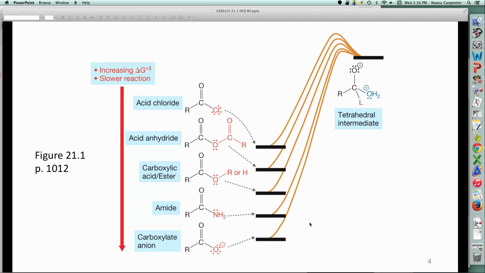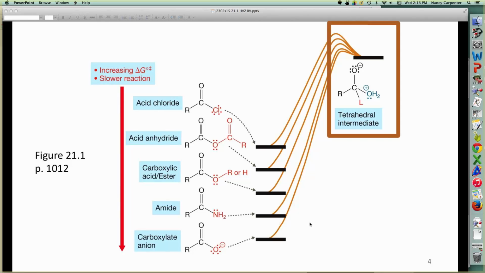This figure out of Carey on page 1012 sums it all up. So what I particularly want to emphasize is the fact that the tetrahedral intermediate for all of these starting materials, this is for the reaction of any of these with the nucleophile water, but it really doesn't matter what the nucleophile is.